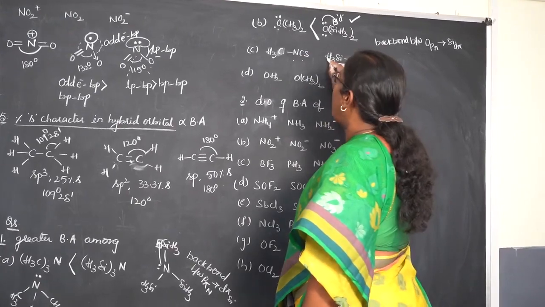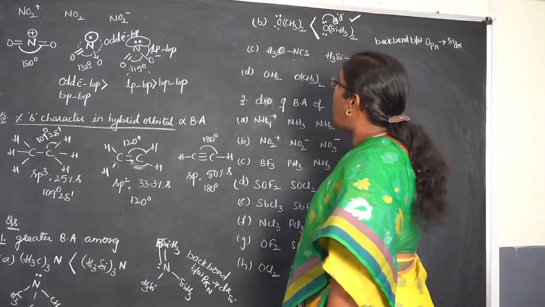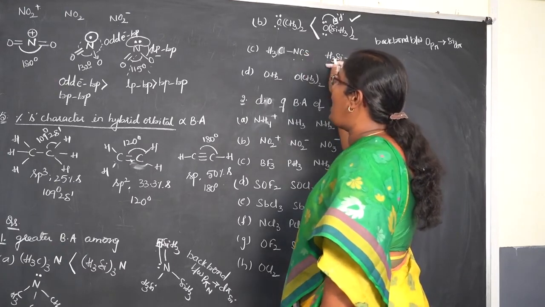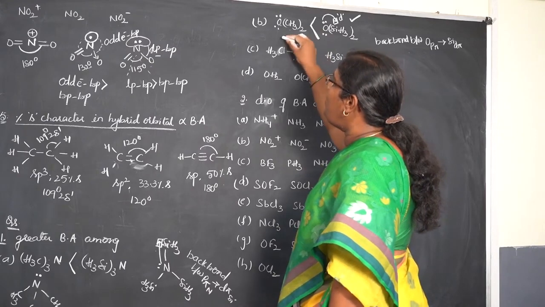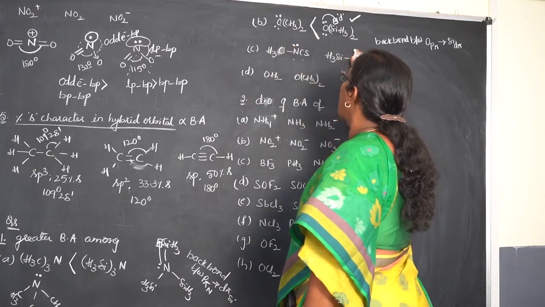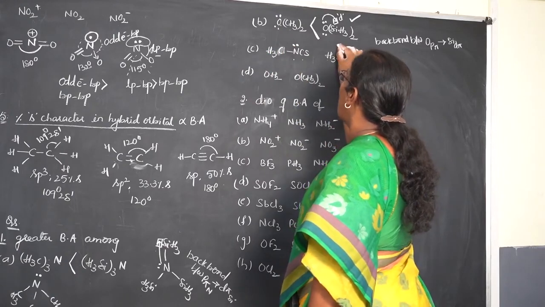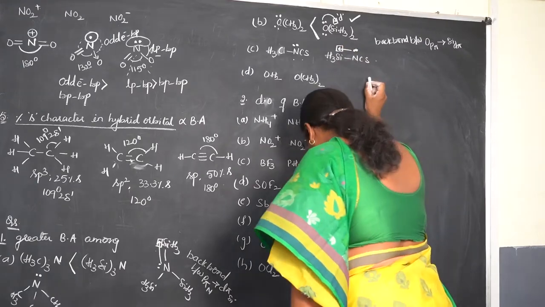isothiocyanate and silyl isothiocyanate. Among these two, which has more bond angle? Again the same case. Nitrogen is having lone pair but no vacant orbital with carbon, no back bond. Here nitrogen has lone pair, silicon has vacant d orbital, so back bond.